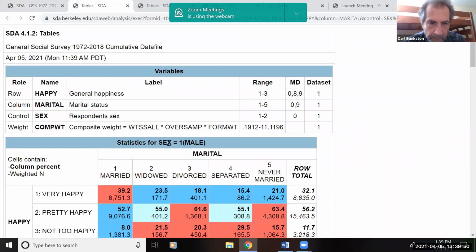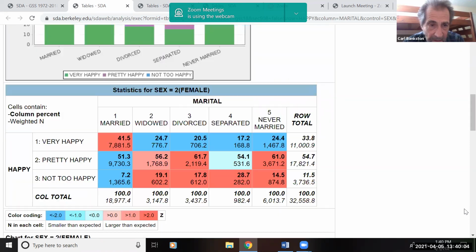This is only for men. If I remember correctly, it was about 40% of all people who were married were very happy. It's 39% for men and 42% for women.